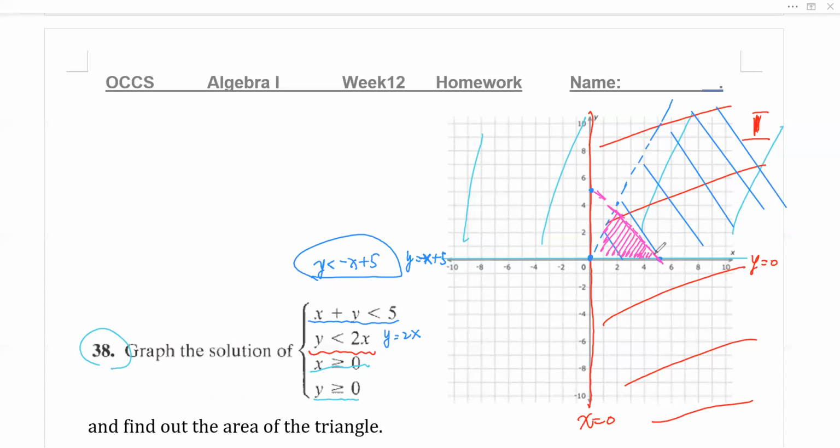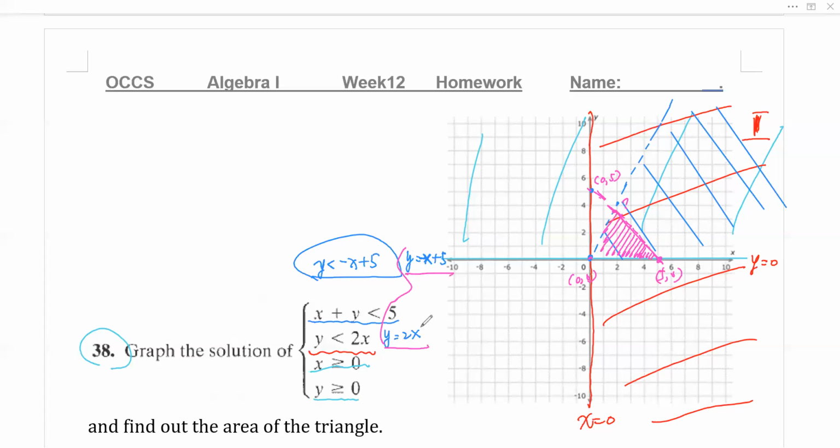All right. So you can see this one is 5, 0, right? This one is 0, 0. Here is 0, 5. What about this point? We didn't know yet, right? This point comes from these two equations.